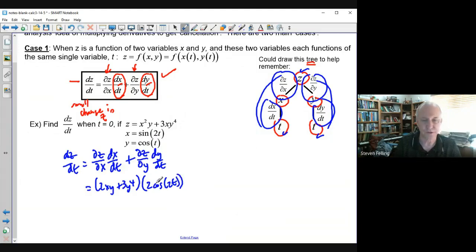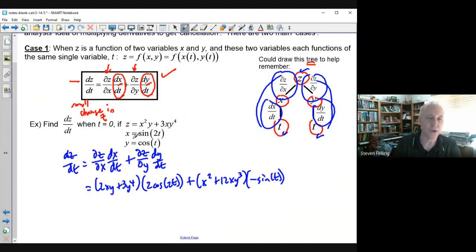So the derivative of sine is cosine, but the derivative of the inside is 2. And then I have to add on this, right? The partial, how much does z change with changes in y? So the partial derivative there would be x squared plus 12xy cubed, right? Taking the partial derivative of z with respect to y, and then multiply by how fast y is changing with changes in t, which would be negative sine of t.